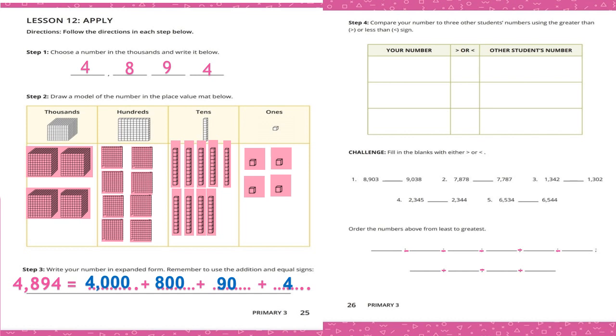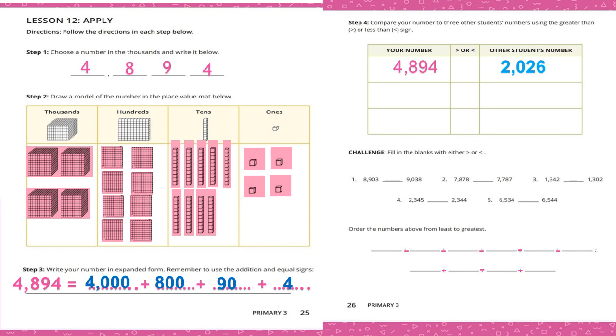Step 4. Compare your number to 3 other students' numbers using the greater than or less than sign. Your number, 4,894. Student number, 2,026. Then, which is the greatest? We have here 4 in thousand, and we have here 2 in thousand.